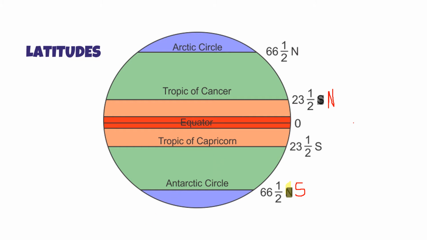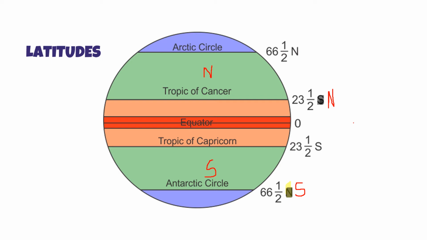All the parts above the equator are marked as the northern hemisphere, and all the parts below the equator are marked as the southern hemisphere. I have marked N and S. N denotes north and S denotes south.